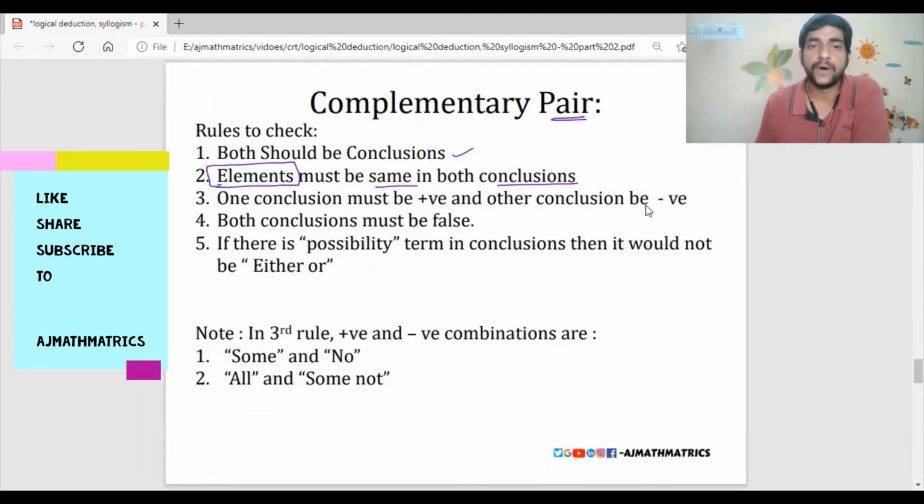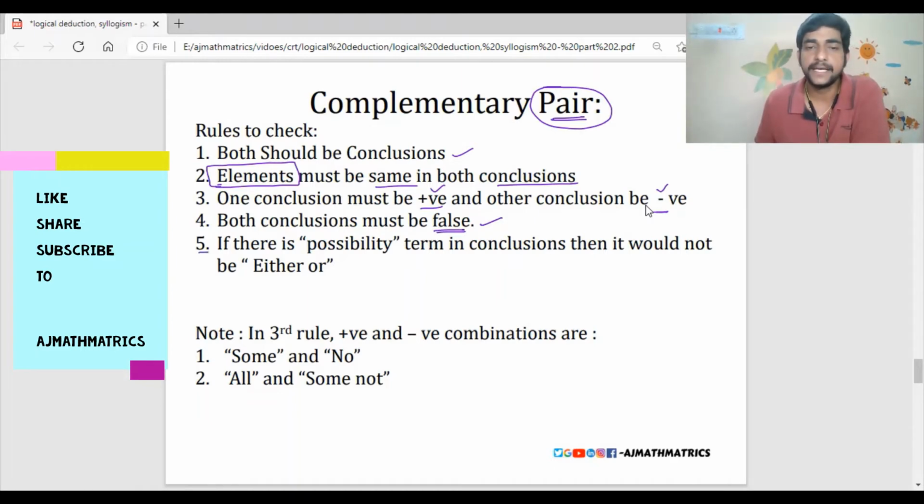Next, one conclusion must be positive and the other must be negative. We already know that to check the pair, we should have two conclusions, one positive and one negative. Fourth, both conclusions must be false. So only if the conclusions do not follow will we check the complementary pair.